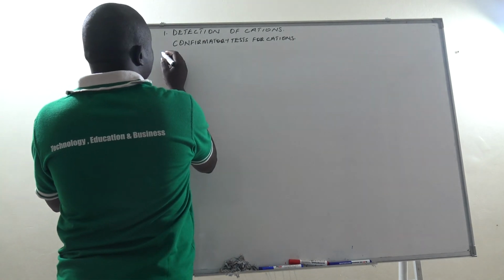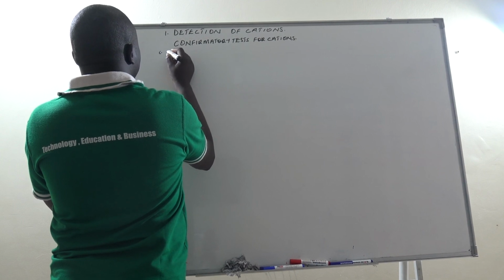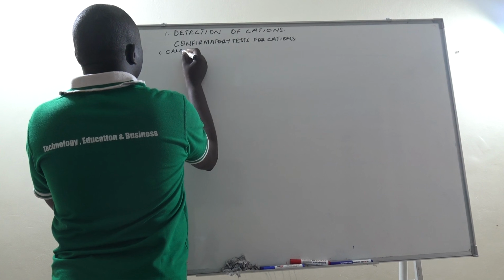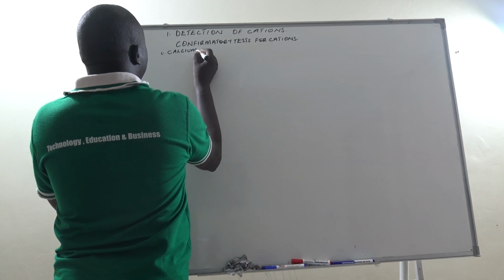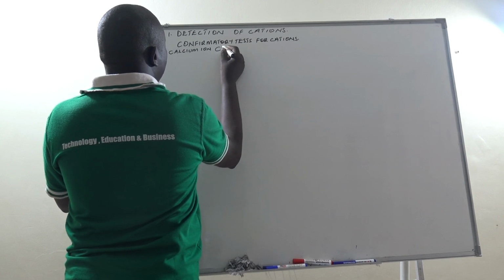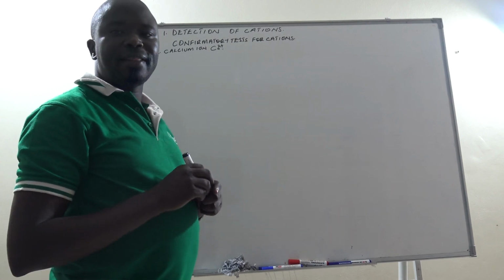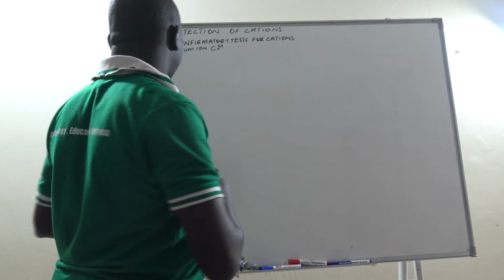So let us, under this, look at the first one, that is the calcium ion. So we are going to look at the test and then we look at the equation for the reaction involved.